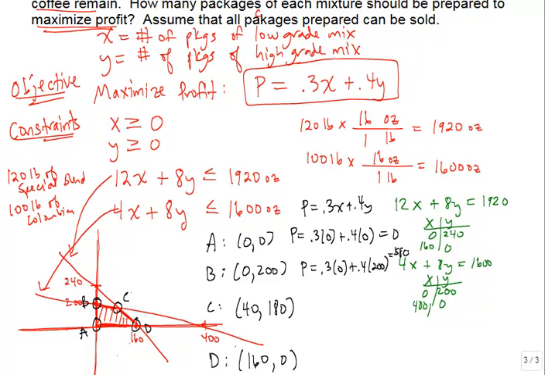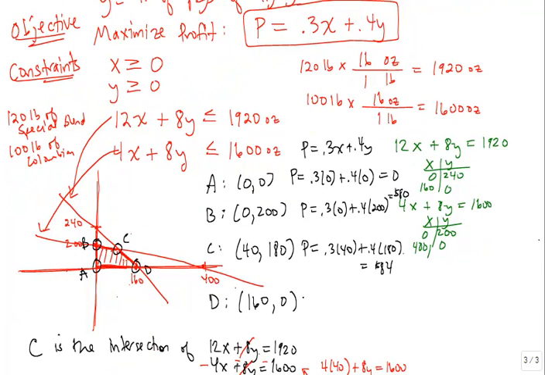And this is profit, so I'm going to write $80 there. For the third point here, it would be 0.3 times 40 plus 0.4 times 180, and if you plug that into your calculator, you get 84. And then for the last point, if we plug in 160 for x and 0 for y, we get 48.